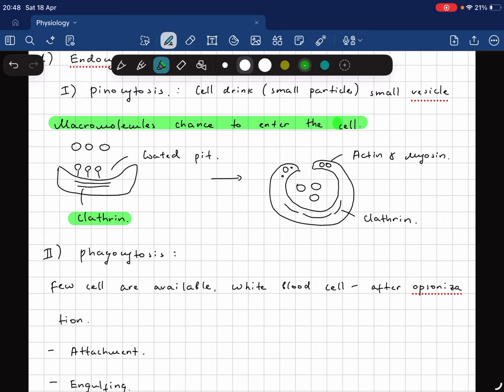And I just drew some proteins here. If you try to engulf that protein, firstly it will act with the receptors and then engulf, and on the last step, the actin and myosin filaments will close the door like that. You can clearly see from here.